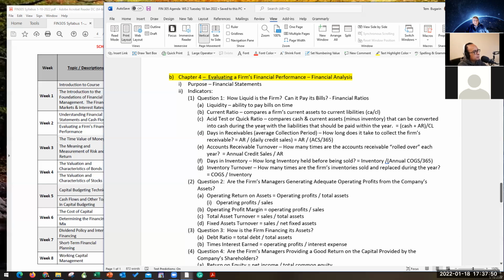What assets do they have that they can rapidly sell, turn into liquid assets, so that they have the money to pay their liabilities? So the asset test is the amount of cash they have on hand plus accounts receivable divided by the current liabilities. That's the ratio for the asset test.